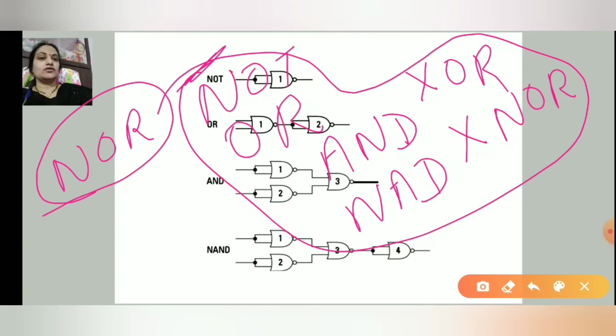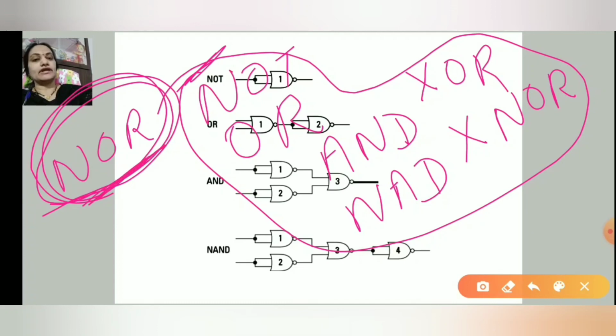What does it imply? It implies that NOR gate can be used as a universal gate. Universal means, I already told you, belongs to all. If you have NOR gates, you have NOT gate, OR gate, AND gate, NAND gate, XOR gate, XNOR gates. What not? Every gate is with you by using NOR gates. That's why NOR gate is called a universal gate.